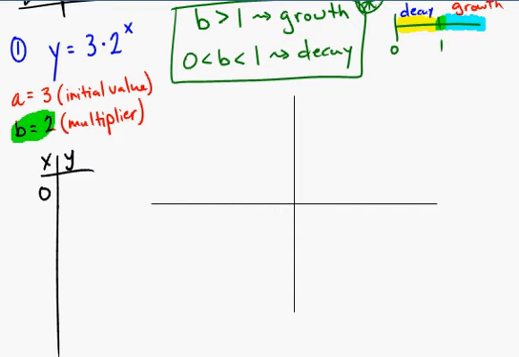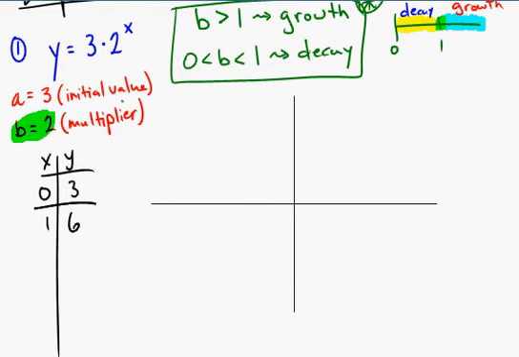If you put 0 in for x on that blue function, what would you get? You get 3. It'd be 3 times 2 to the power of 0. This is 1. 3 times 1 is 3. It's the initial value.